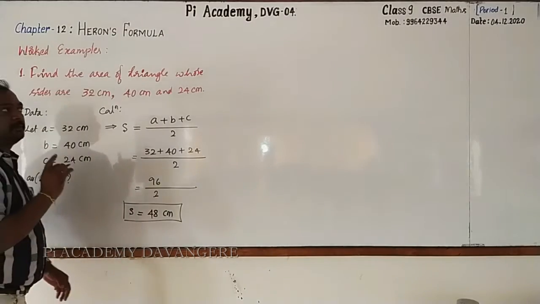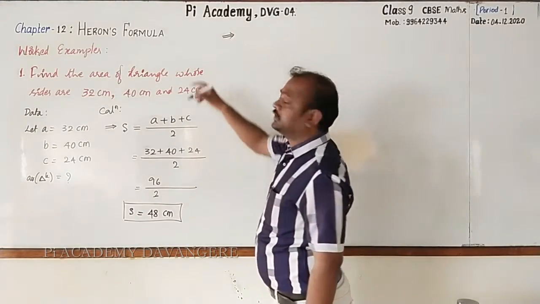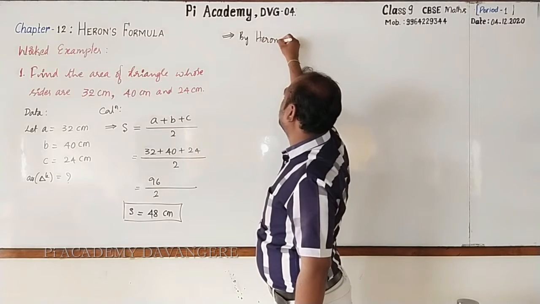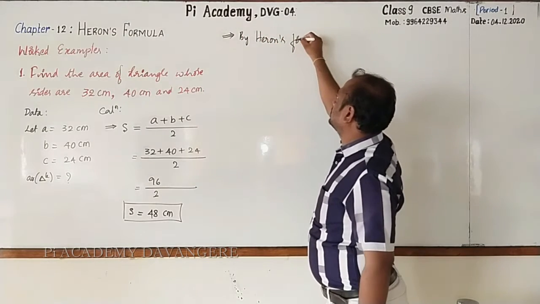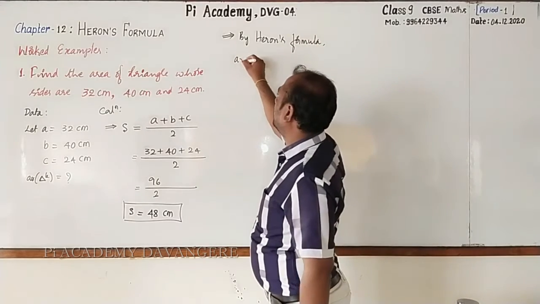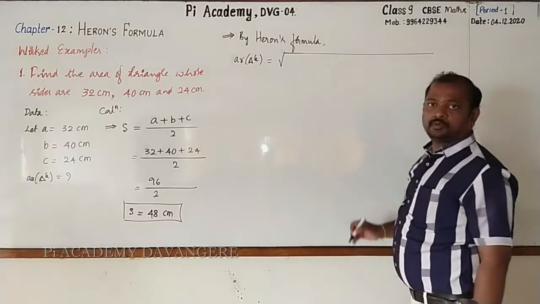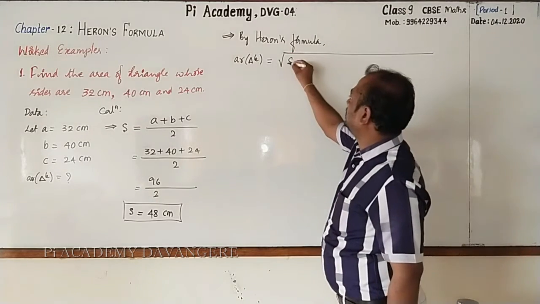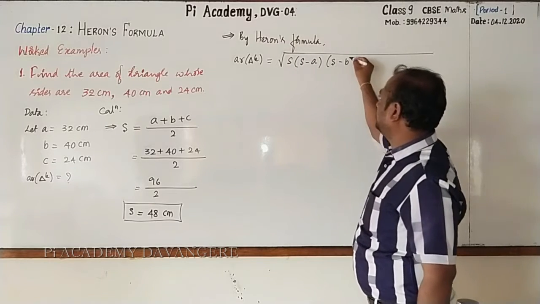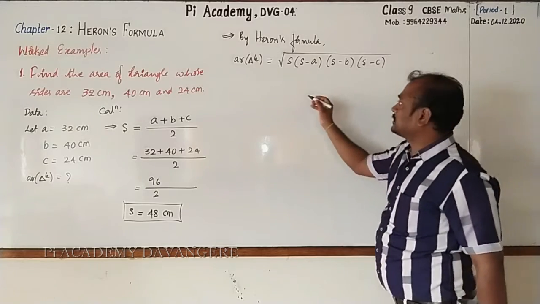This is semi-perimeter. Now let us go for finding the area of the triangle by Heron's formula. Heron's formula is also known as Hero's formula. Please do remember that. According to this, area of triangle is square root of S into S minus A into S minus B into S minus C. Let us substitute.